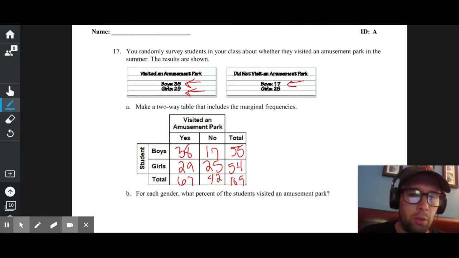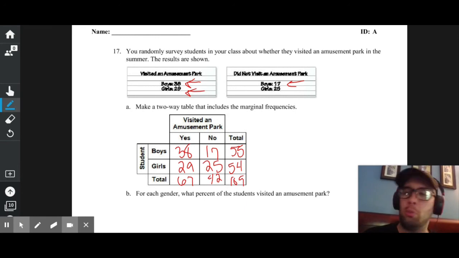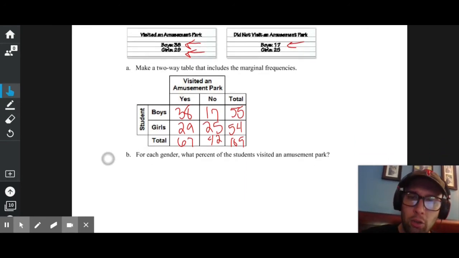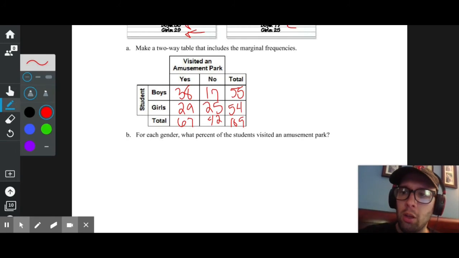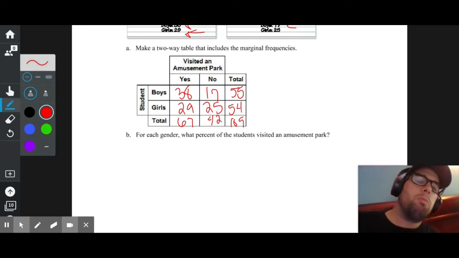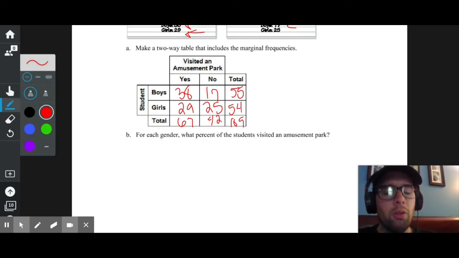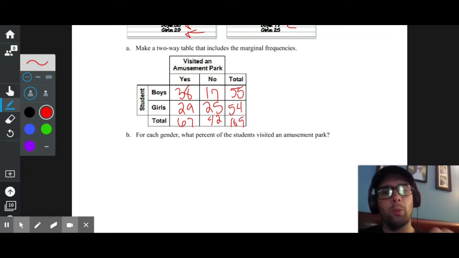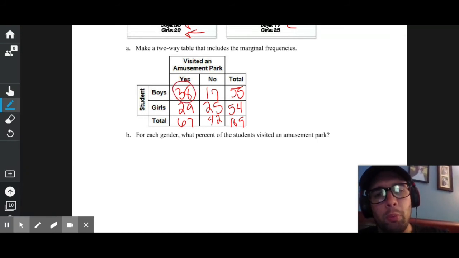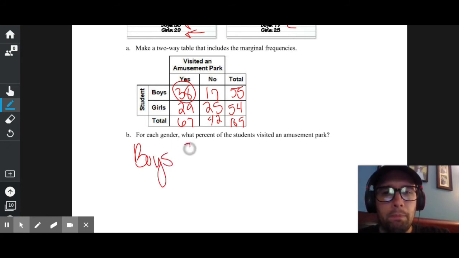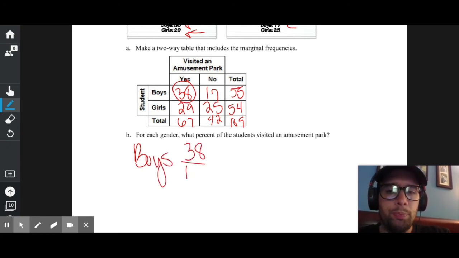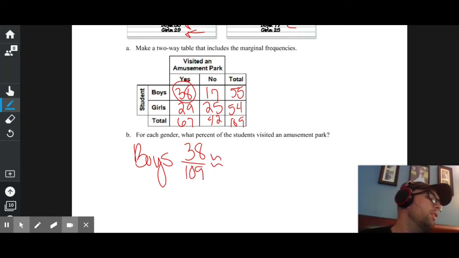For each gender, what percent of students visited an amusement park? So I think this is what it wants us to do. We had 38 for boys. We had 38 out of 109. That's how many boys visited an amusement park.